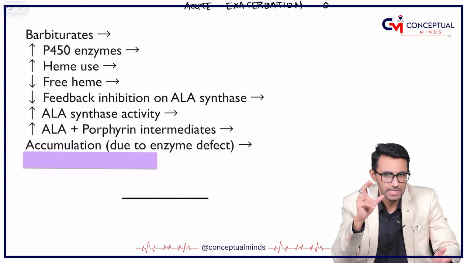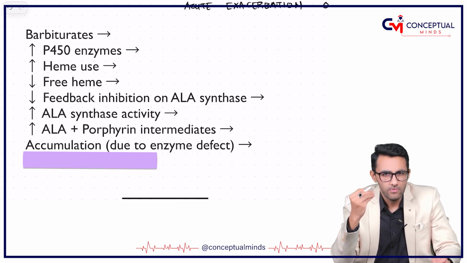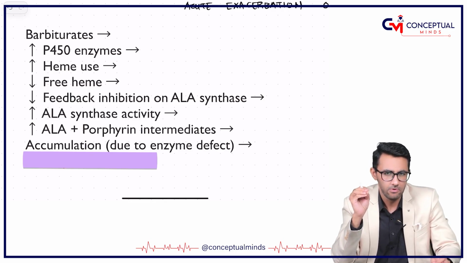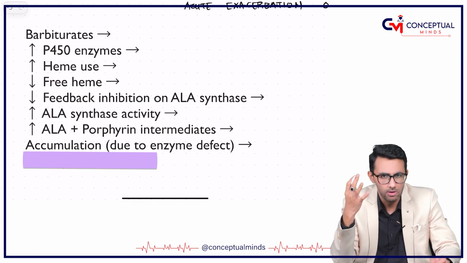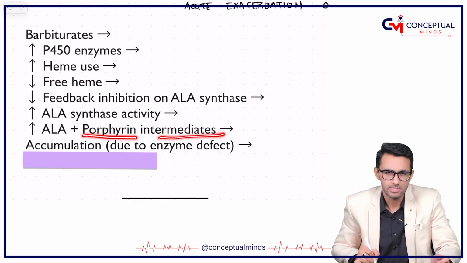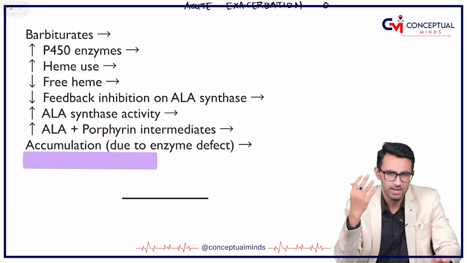Because there is a decrease in heme, it is very obvious that ALA, because it is the rate limiting enzyme for heme synthesis, would be produced more and more. Because it is produced more, we would have these porphyrin intermediates aggravated.